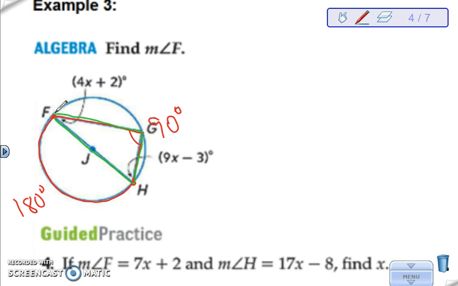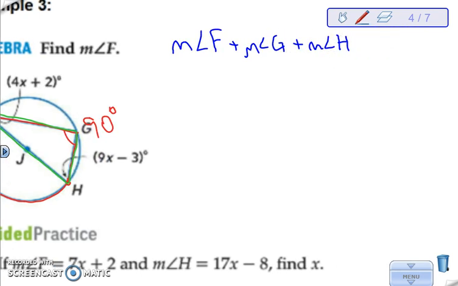So I know the three angles of a triangle must equal 180. So measure of angle F plus measure of angle G plus measure of angle H must equal 180. And now from here, we solve it much like we did the earlier example.